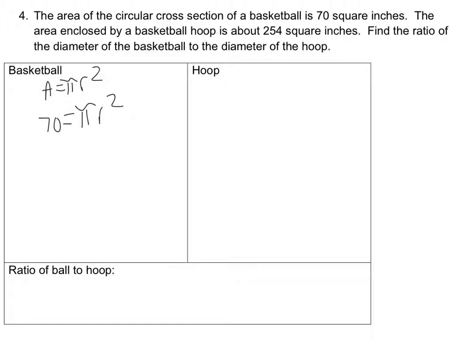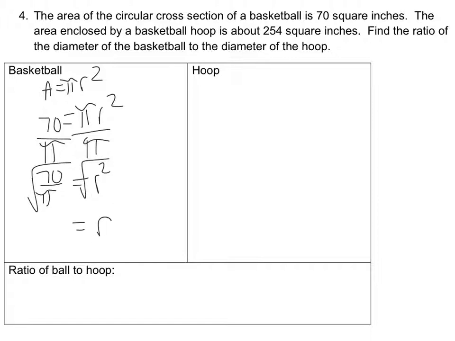So we've got to divide by pi. And then r squared equals 70 over pi, square root. So you get the radius is the square root of 70 over pi. But we want the diameter. So the diameter of the basketball is 2 square root of 70 over pi.